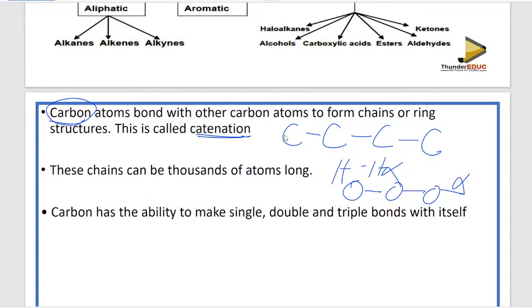These atoms can form a chain of thousands of carbon atoms, and once we reach there, we say that it has formed what we call a polymer. An example of a polymer which I can give you to understand better in organic life is a protein. It has many molecules of carbon.